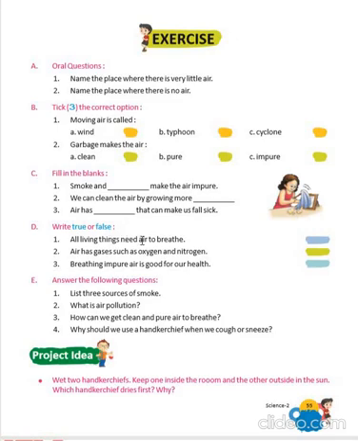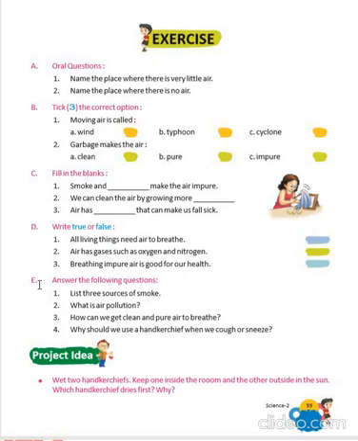All living things need air to breathe. It is true. Air has gases such as oxygen and nitrogen. It is true. Breathing impure air is good for our health. It is false.